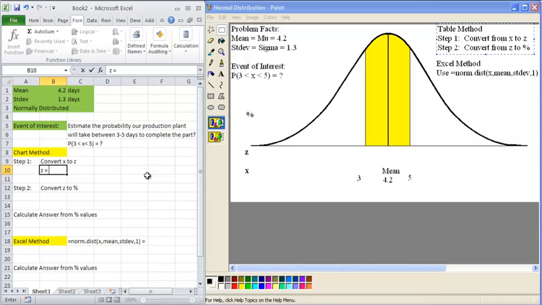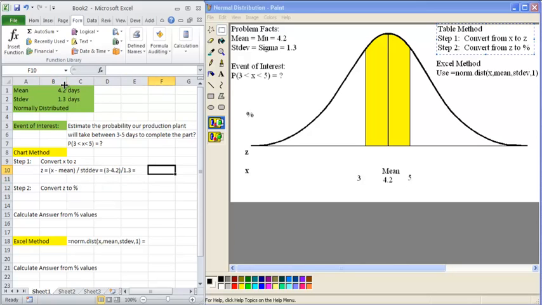We know that the equation for z for a specific sample is x minus the mean, so your sample value minus the mean, divided by the standard deviation. So we're going to take 3, from the lower end, minus 4.2, our mean, divided by 1.3.